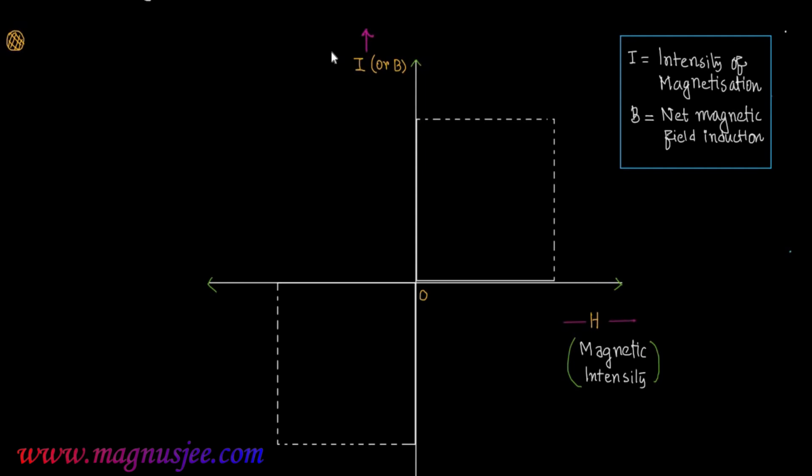Now we can draw the graph along which the intensity of magnetization, or net magnetic field induction B, will increase if magnetic intensity H is increased. This is the curve along which the intensity of magnetization I will increase if H is increased.